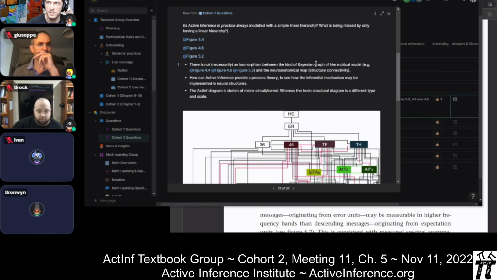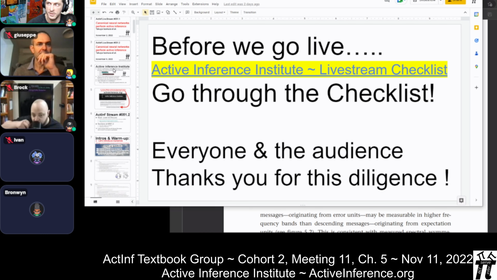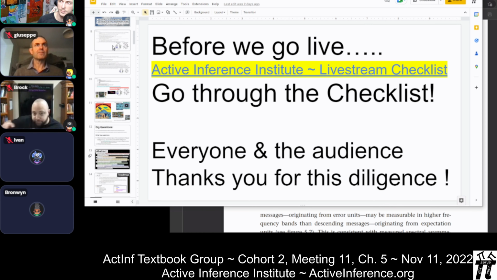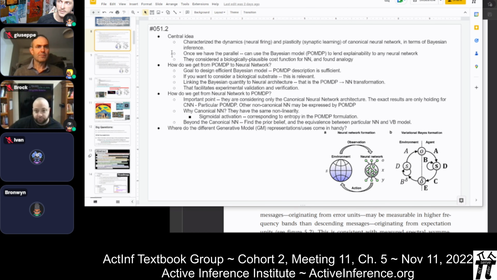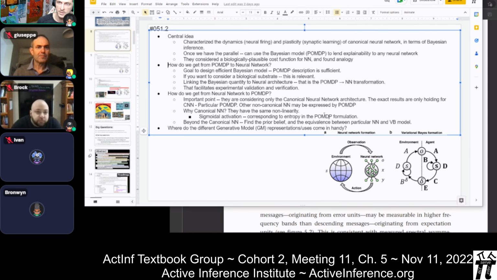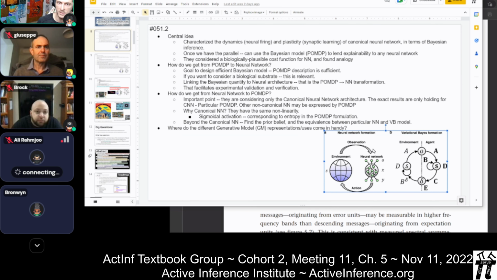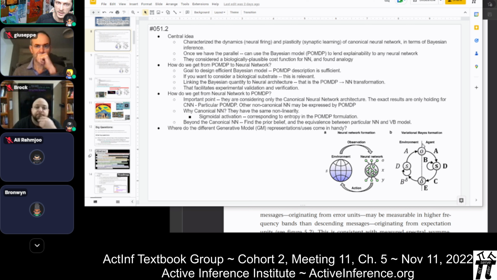Yes, it can. And this was also a major topic in the recent 51 live streams. We talked about how the POMDP structure, partially observable Markov decision process structure, or generally the ActInf Bayesian graph representation of a generative model, is not the anatomy that would carry out that model.